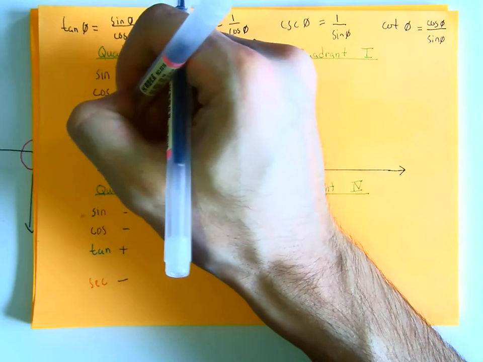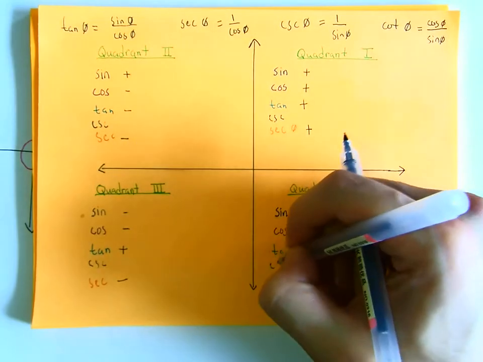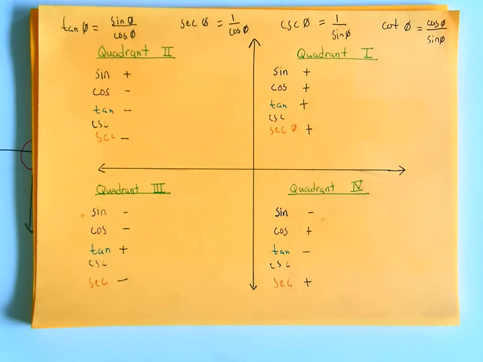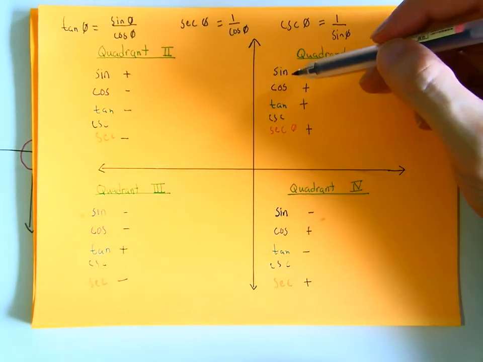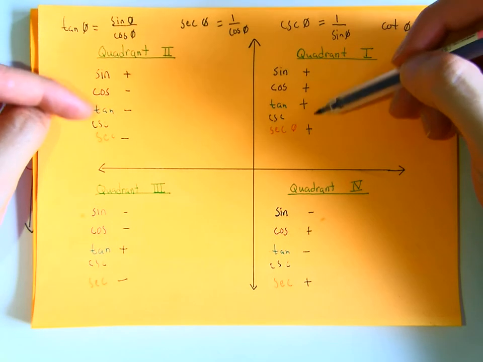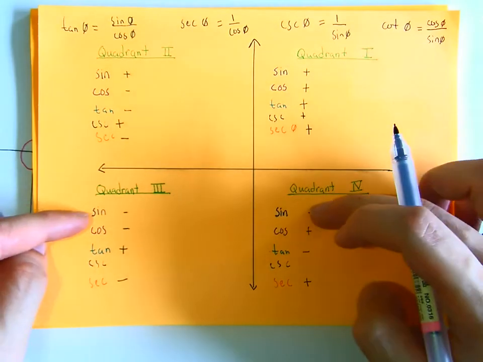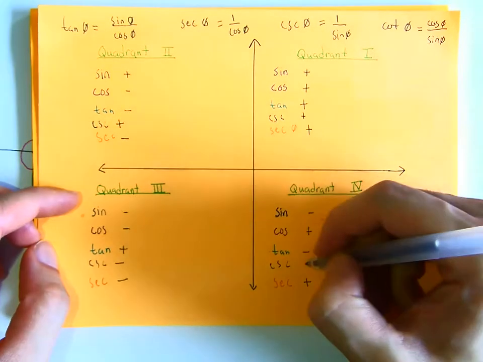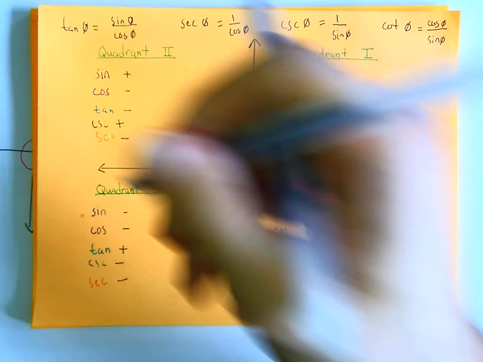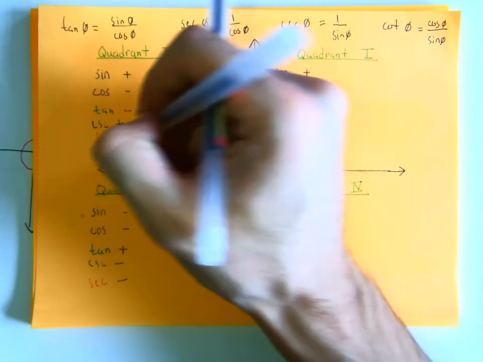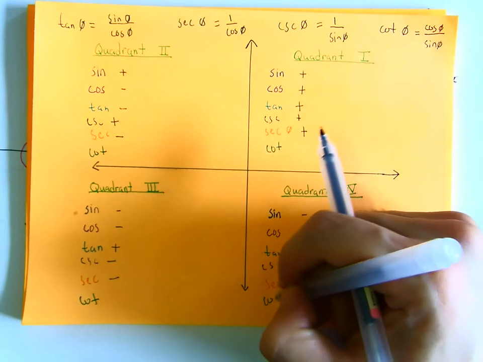Notice how cosecant follows the sine. So wherever sine is positive, cosecant will also be positive, and where sine is negative, cosecant is negative. And then how do we do it for cotangent, the final one?